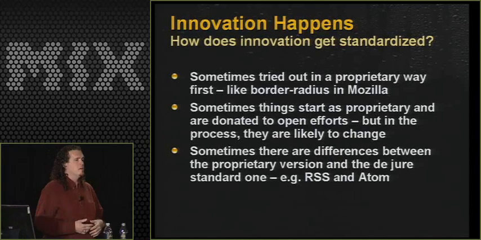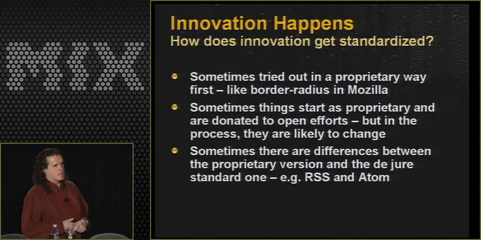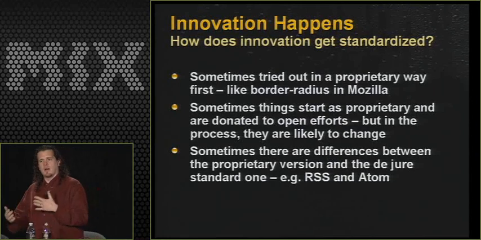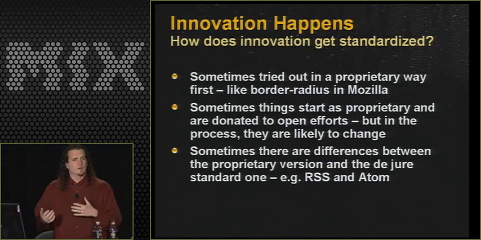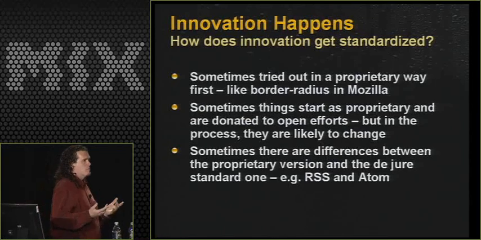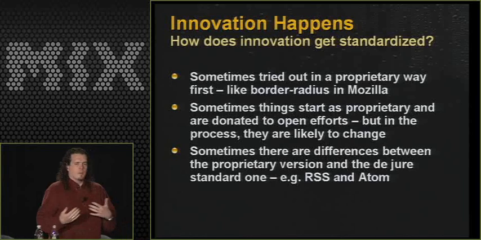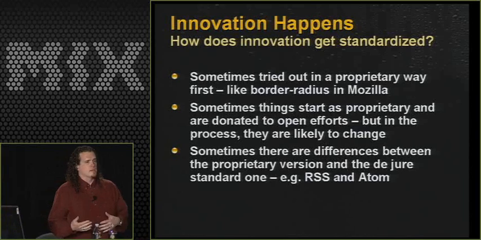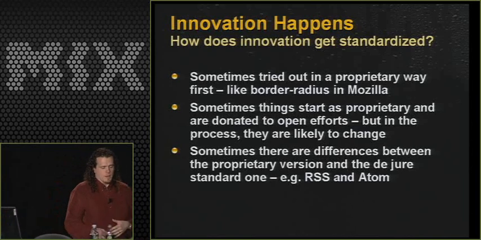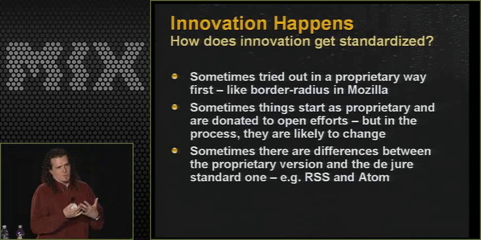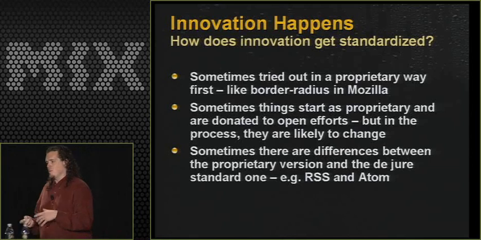Atom, on the other hand, a group of people actually sat down and said, let's think out exactly what we want in an XML feed standard and ratify it first, and then we'll all start adopting it. So there ended up being differences between RSS and Atom because of the way they were developed, even though they are somewhat rationalizable, I guess, to create a new word.